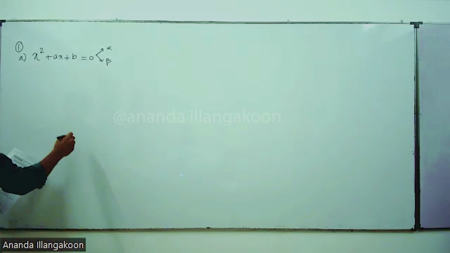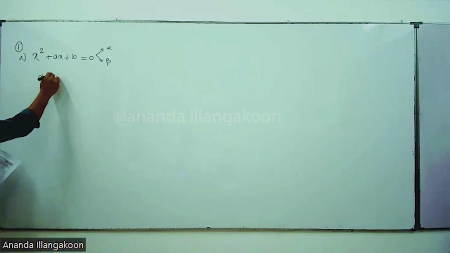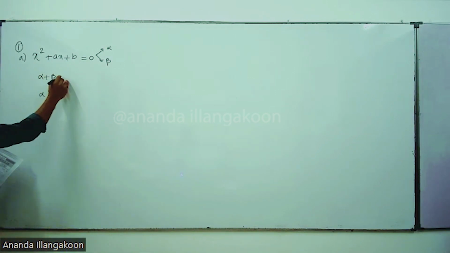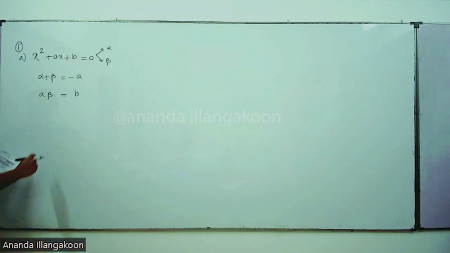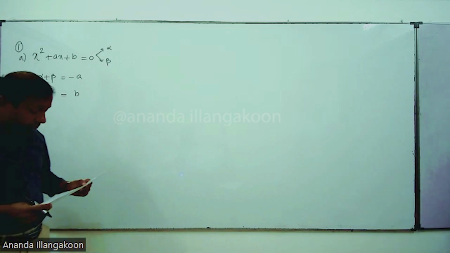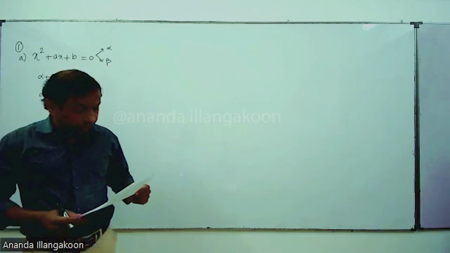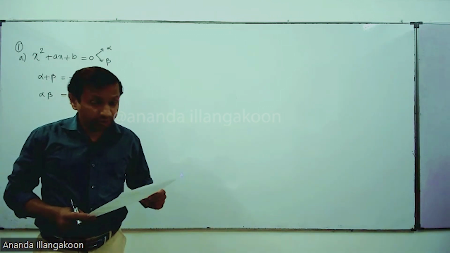Then we will first find the sum of the roots and the product of the roots. Sum of the roots is minus a, product of the roots is b. Now the roots are given as 1 upon alpha squared and 1 upon beta squared.